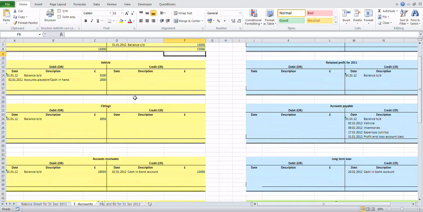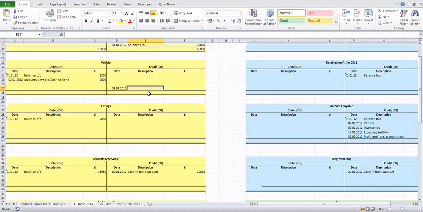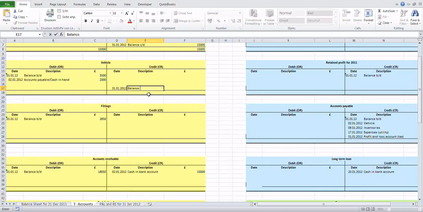How about the vehicle? The vehicle also goes against the balance sheet. We will close all the remaining accounts against the balance sheet, so the balance. And again, you know how to do it by now. The larger sum minus the smaller sum.